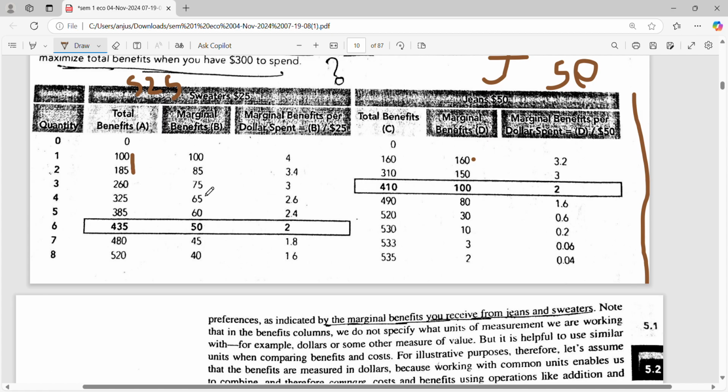For the third, you again buy a sweater. Here it is 75, but here it costs you 100, so you skip that.